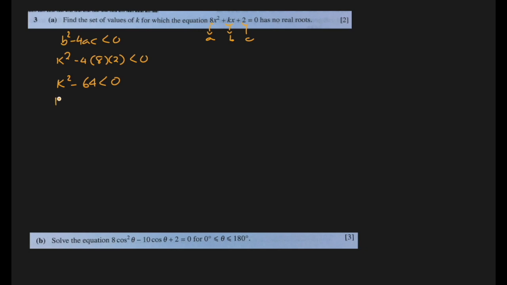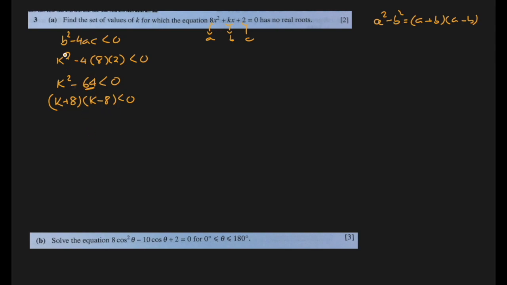So we can write here (k plus 8)(k minus 8) is less than 0. You might be wondering how, because we have another identity, a squared minus b squared, which is factored as (a plus b)(a minus b). k was already a square, 64 is also the square of 8, and that's why I wrote this.